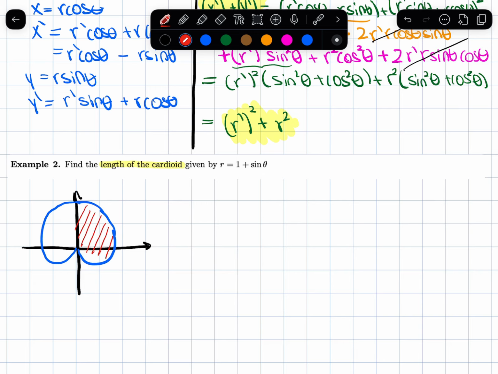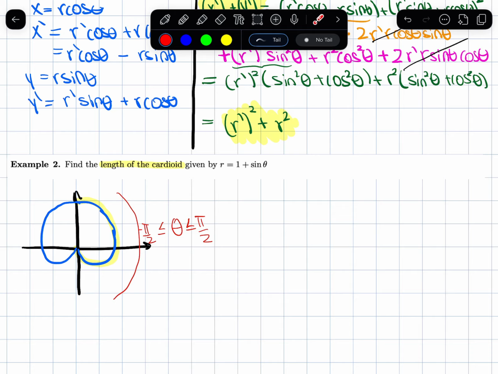This is a symmetrical curve, and that is because the sine function on this interval of theta, this interval of theta here on the polar grid corresponds to theta between negative pi over 2 to pi over 2, negative 90 degrees to positive 90 degrees.